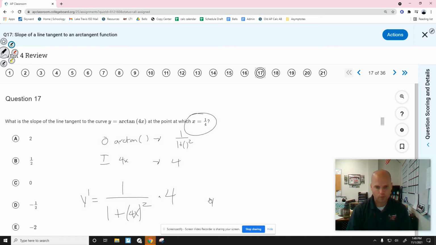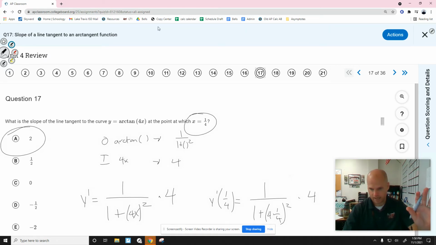At 1/4, 1 over 1 plus (4 times 1/4) squared times 4. This is 1. This is 4. This is 2. 4 over 2 is 2. There's another way to get that answer that I'm not going to show you.